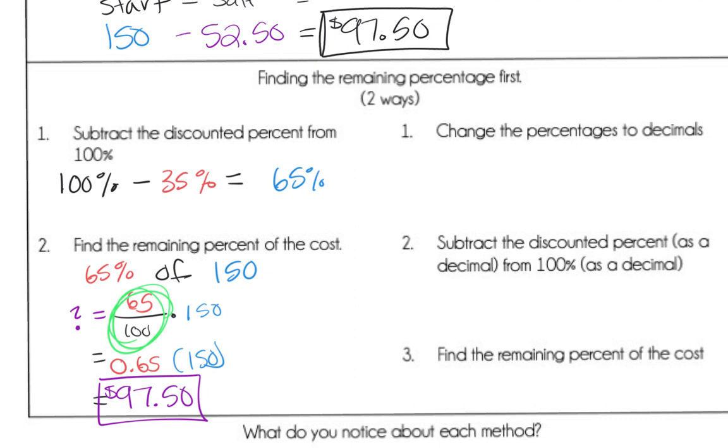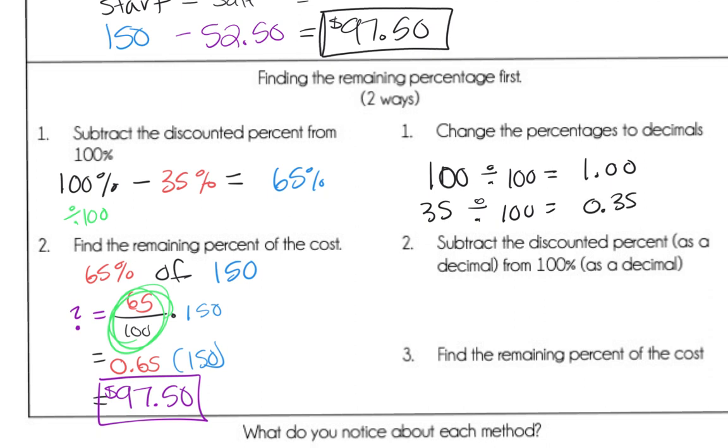Okay, so that's one way to do it. Another way to do it is because I'm kind of lazy. I don't want to write the percent signs over and over, you know? So I'm going to change all of these to their decimal form by dividing by 100. So 100% divided by 100 is 1 as a decimal. 35% divided by 100 is 0.35 as a decimal.